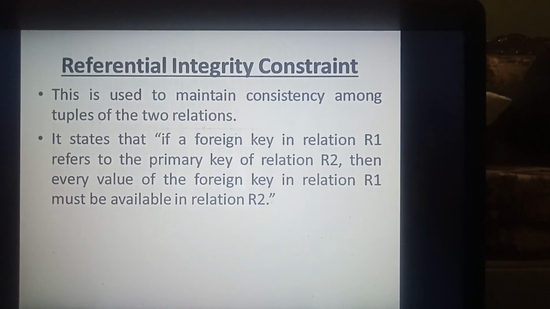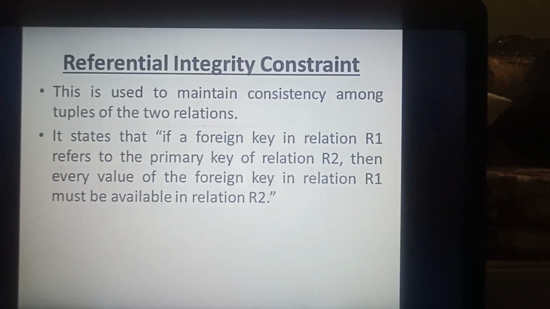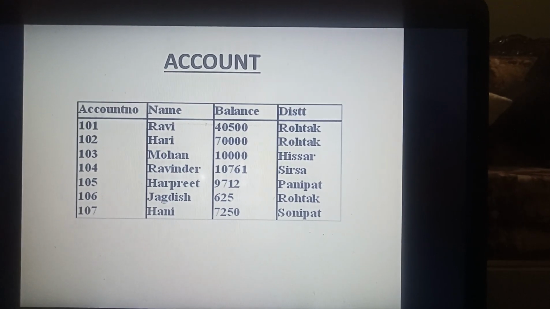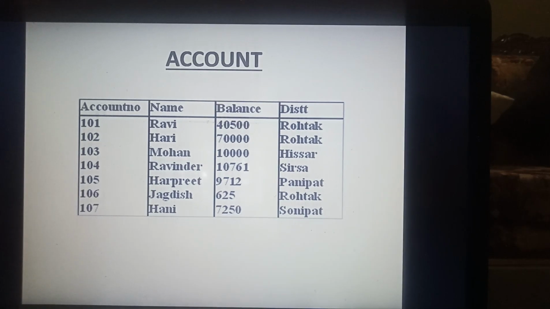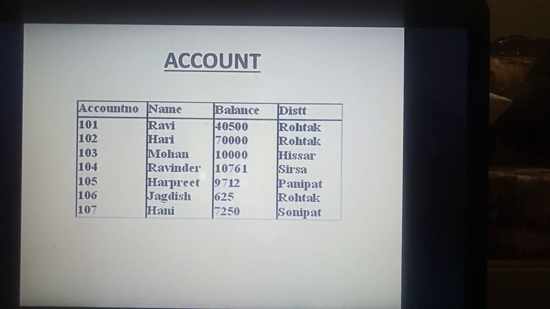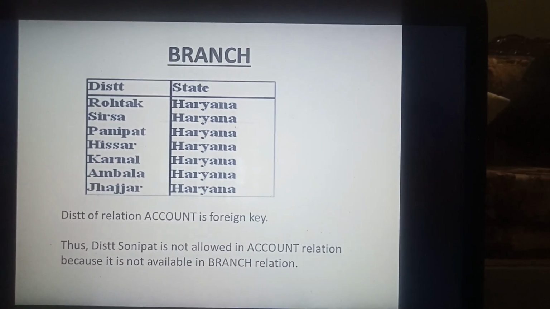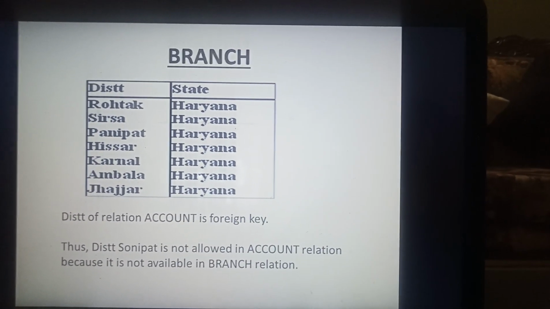Now I will explain this definition with an example. Suppose we have an account table in which we have the attributes account number, name, balance and district. We have another table, branch, in which we have district and state.